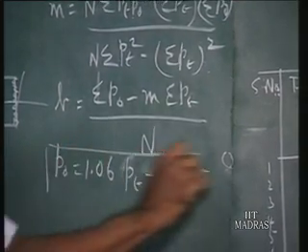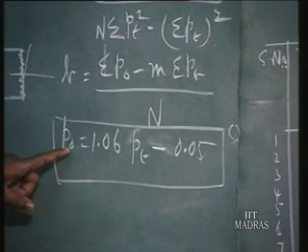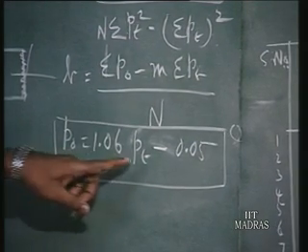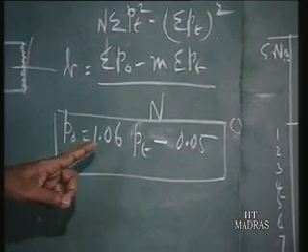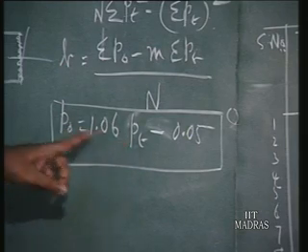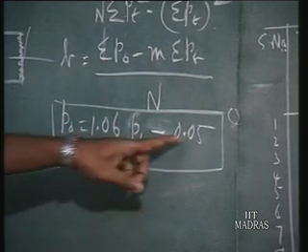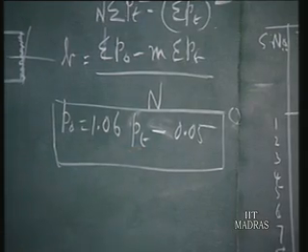So this is the equation of the best fitted line. That means whatever reading you take in the instrument, the corresponding value will be obtained like this. P0 is the output reading. So PT, the corrected value, will be P0 plus 0.05 divided by 1.06. That's the corrected value.